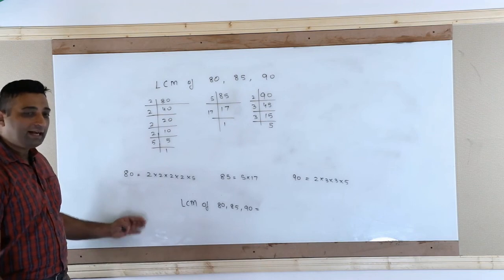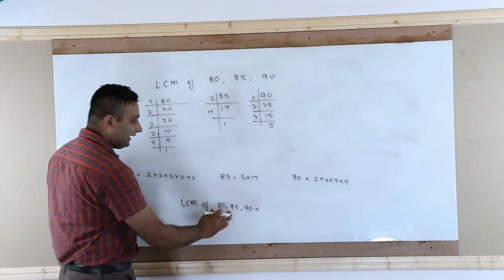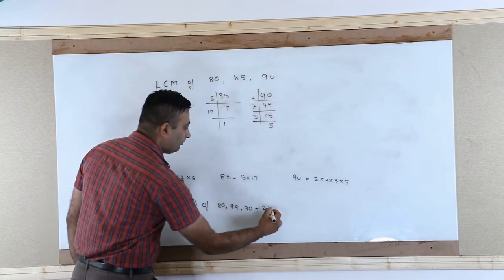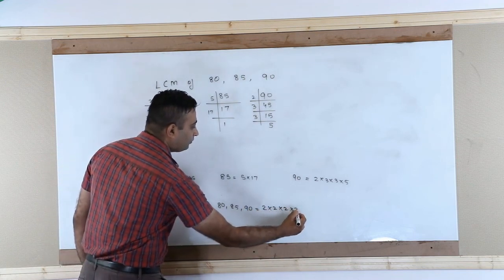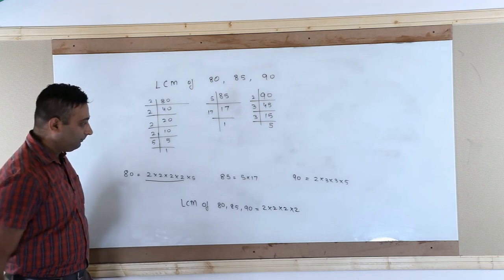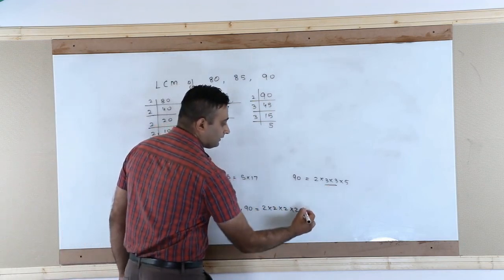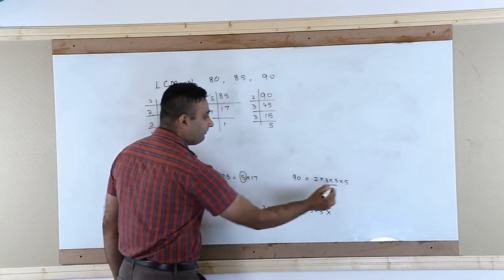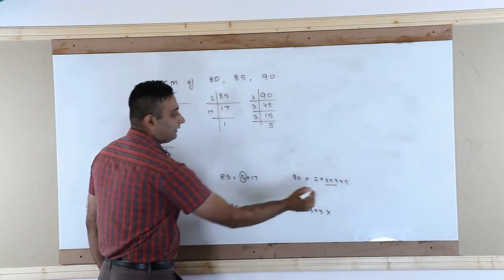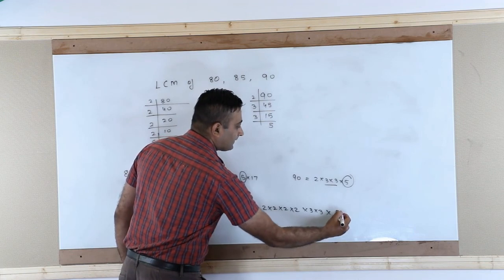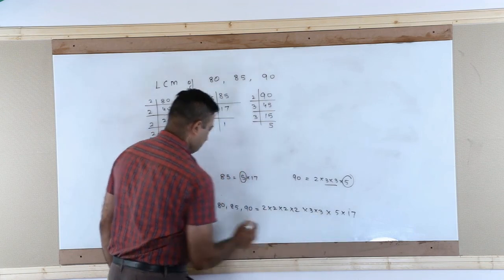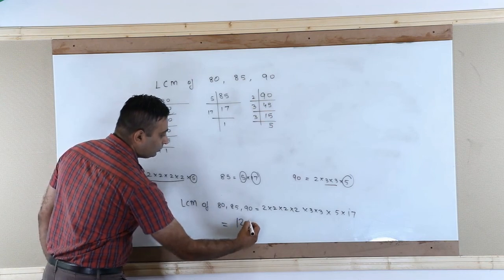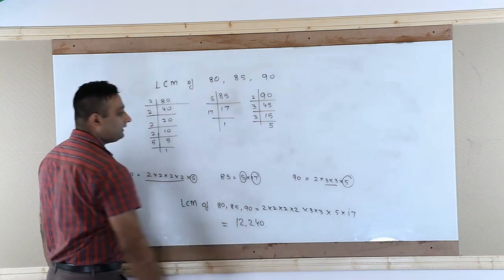Hence, we can see that the LCM of 80, 85 and 90 is equal to 2 multiplied by 2 multiplied by 2 multiplied by 2 multiplied by 3 multiplied by 3 multiplied by 5 multiplied by 17, which is equal to 12240.